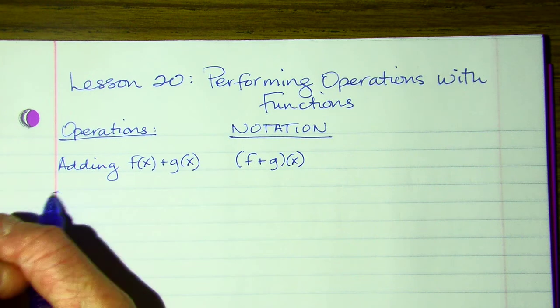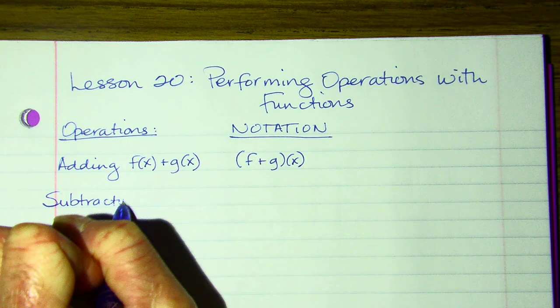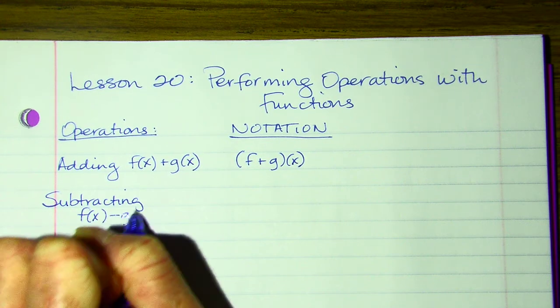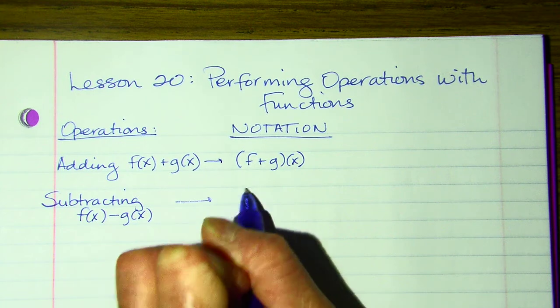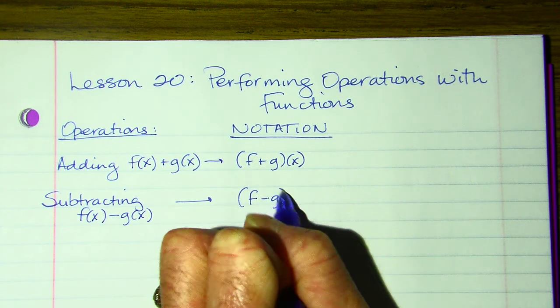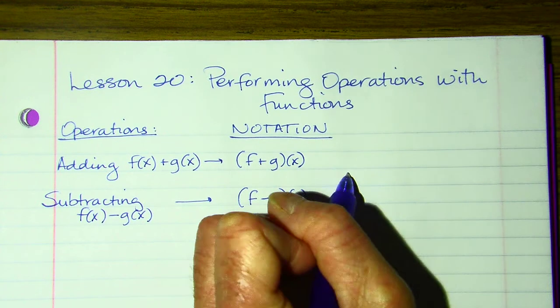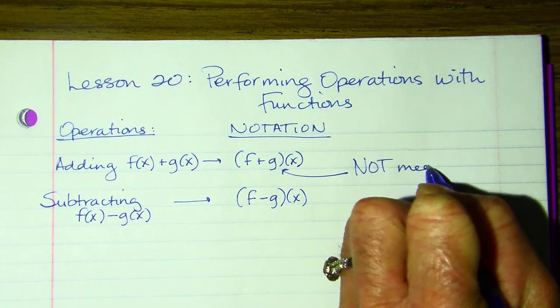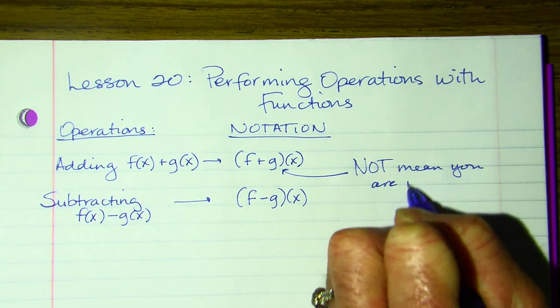If I am subtracting two functions, it really matters which letter they write first. So if I have f of x minus g of x, the proper notation for that would be f minus g in parentheses and then x. Please know that this does not mean you are multiplying x.